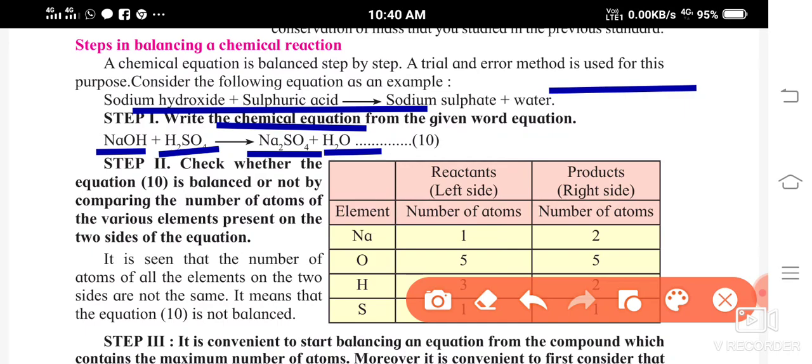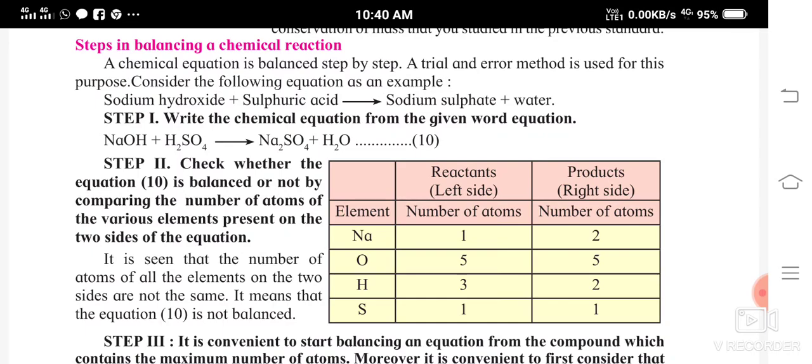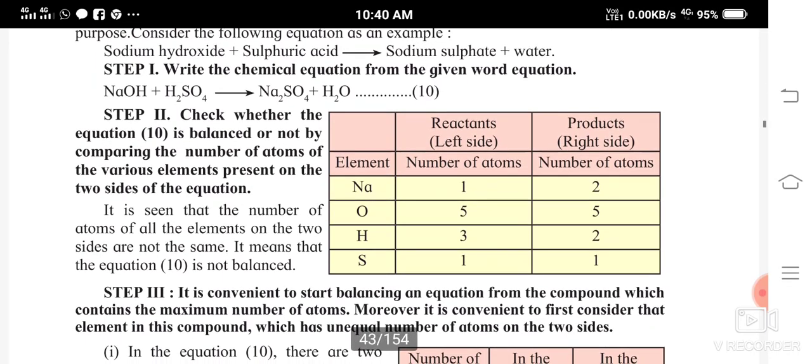Check whether the equation is balanced or not by comparing the number of atoms of the various elements present on the two sides of the equation. Now in the above equation, in the ninth equation, we saw how to see whether the equation is balanced or not, right?